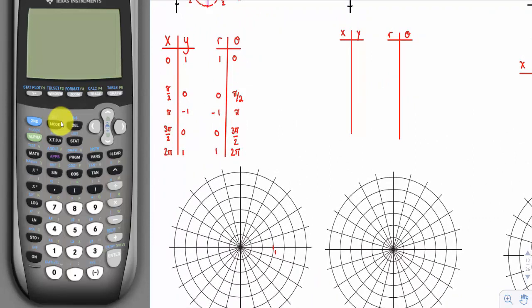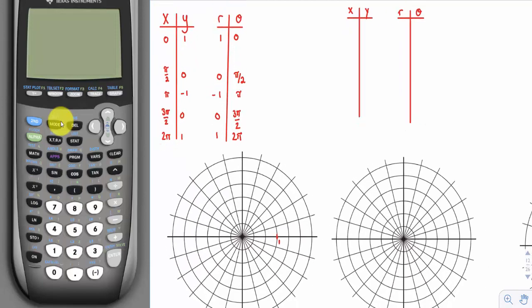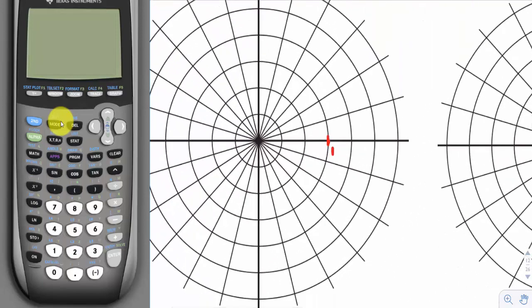So here we go. I'm going to start graphing all these points on our polar axis. So we're going to have the first point 1, 0. So I'm going to have a radius of +1, which means I'm going out here to +1, and my angle is 0, which means I'm not traveling at all. So there's your first point for your graph for cosine.